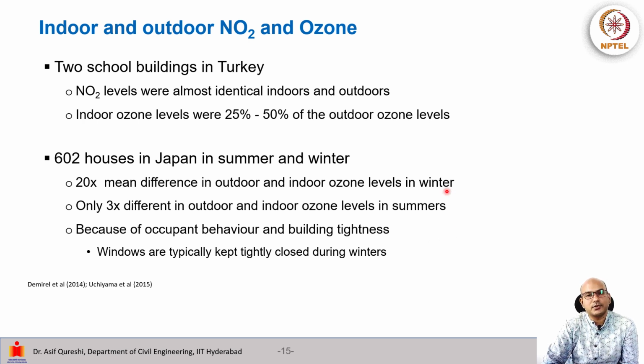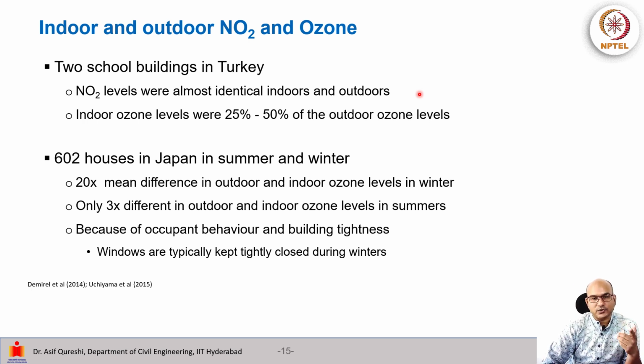There are some case studies. In one study, people evaluated NO2 levels in two school buildings, and it was found that NO2 levels were almost identical. So there was infiltration, and the gradient between outdoor and indoor was not that high.